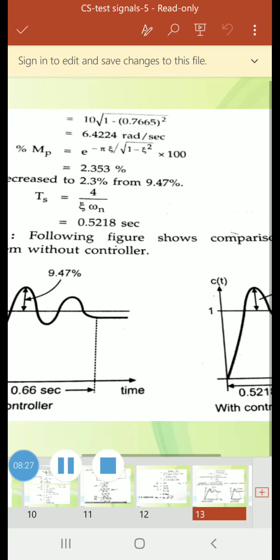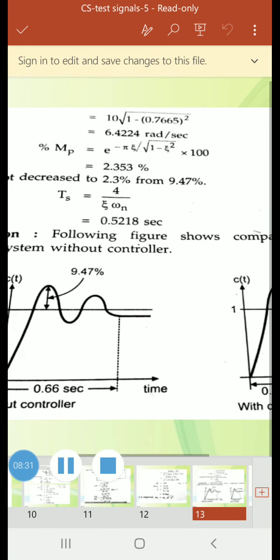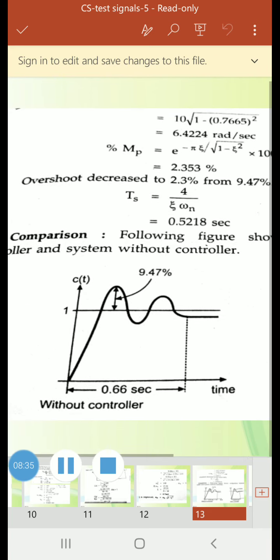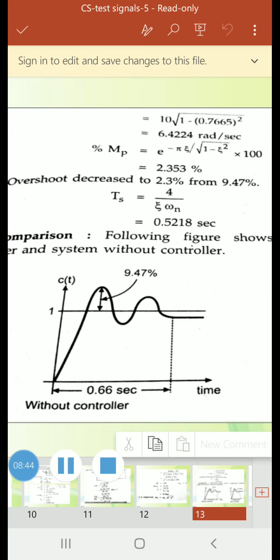Comparison. The following figure shows the comparison between the system with controller and the system without controller. 9.47% was the percentage of first peak overshoot without controller, and Tp was 0.66.